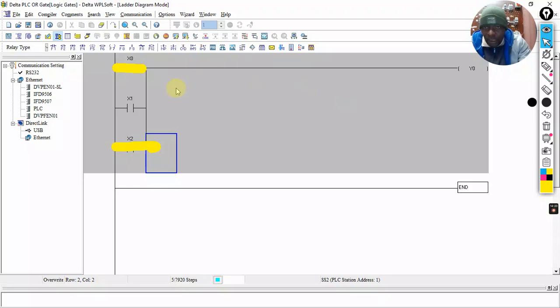So if I say you or you and x0 and x2 respond, it's not an or state, it's x0 and x2. We started with x0, and x1 and x2 responded.